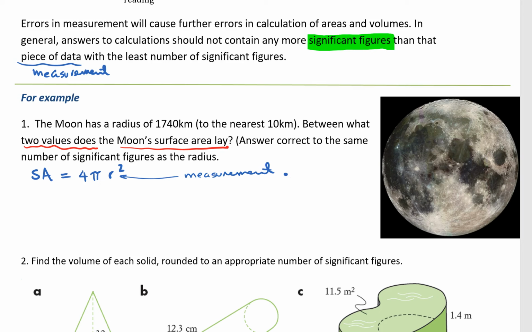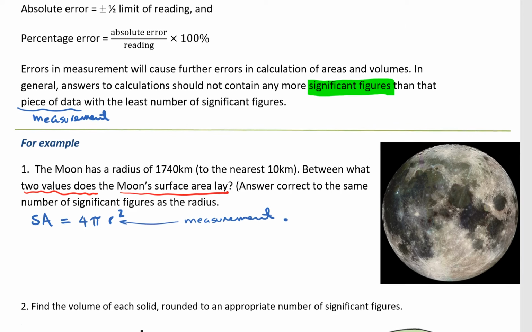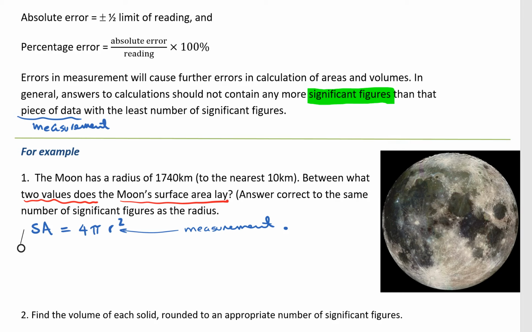Now, just back here, it said when you give your answer to a calculation, my answer for this calculation for the area should not contain any more significant figures than the measurement that we've used, or the measurement with the least number of significant figures.